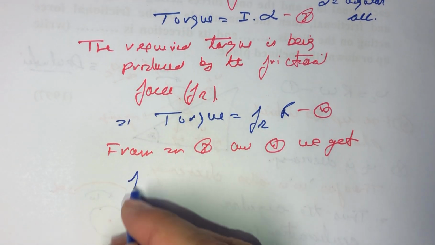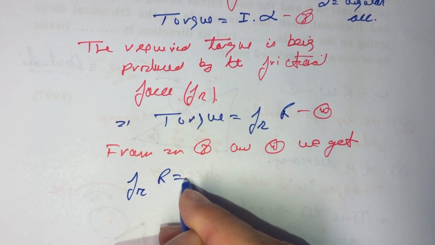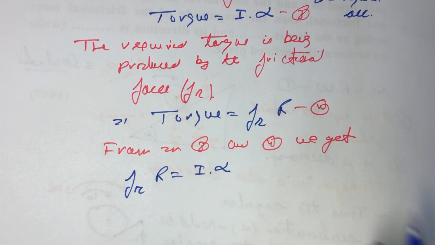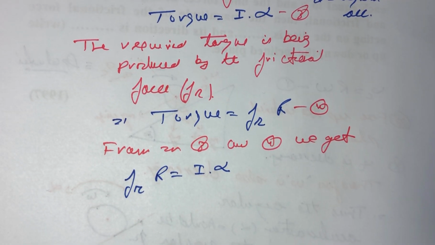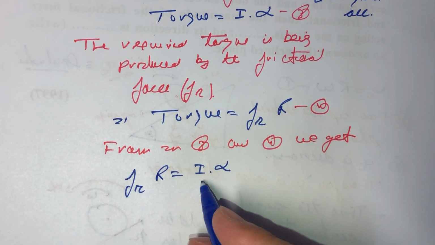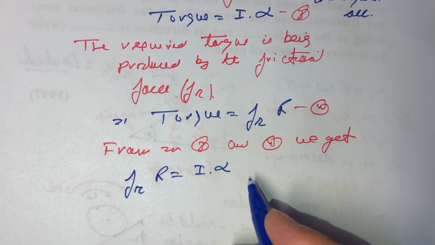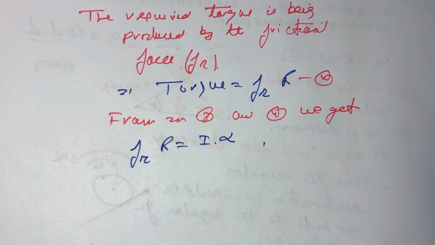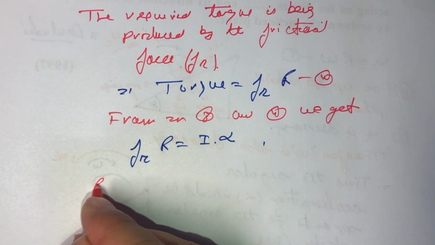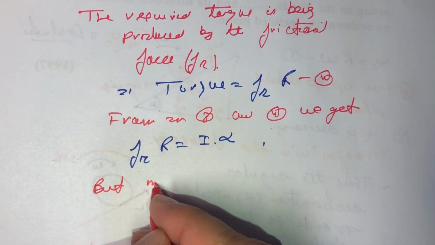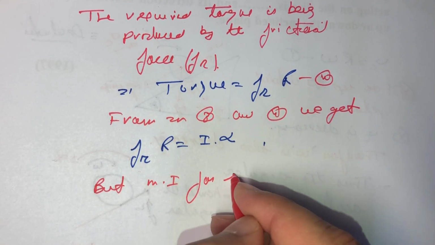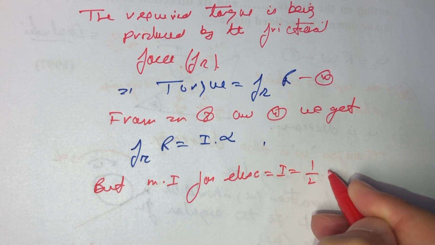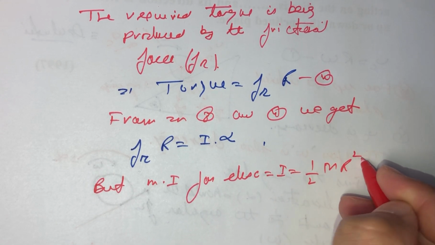Fr multiplied by radius is equal to moment of inertia multiplied by angular acceleration. And we know that the moment of inertia for the disk is given as I, which is equal to half the mass of the disk multiplied by r square.